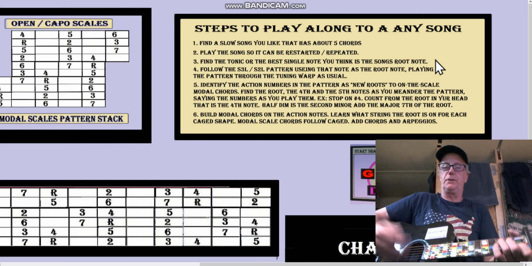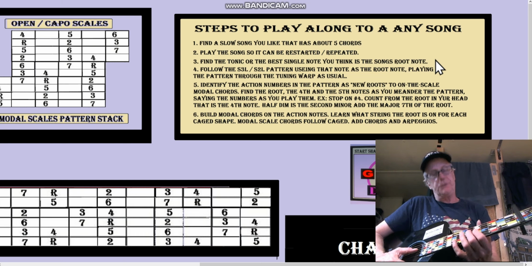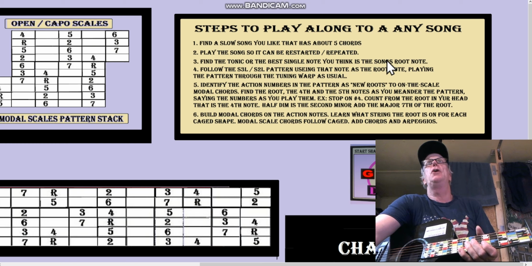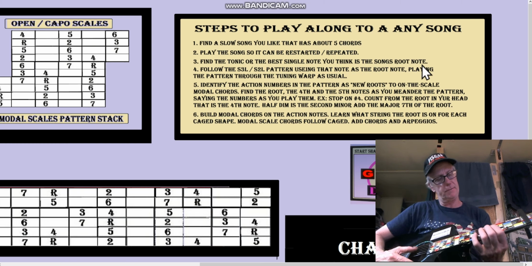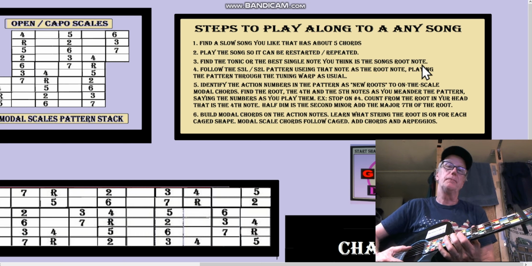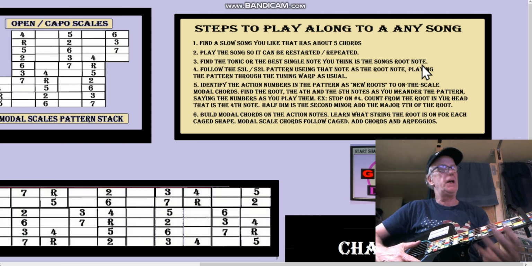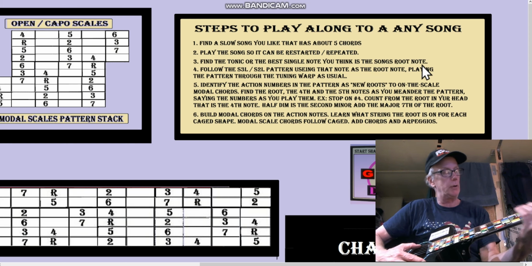So you get a song that just repeats like that. And what you do is we follow this. We're not going to go off on our own here. Find the tonic or the best single note you think is the song's root note. So you're looking around. That sounds good, right? It might even have a bass line where you can play it even lower.